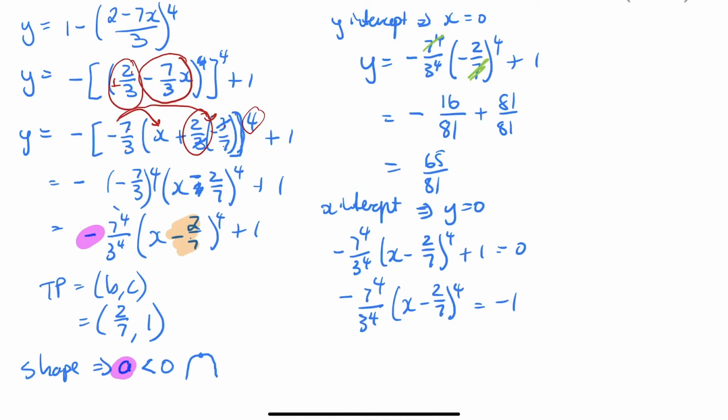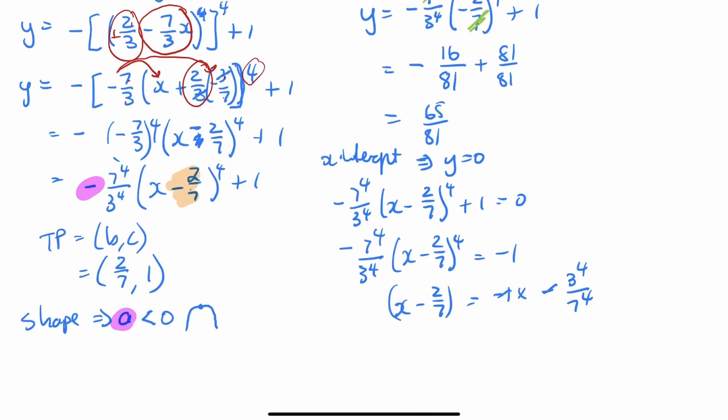So it's going to give me x minus 2 over 7 to the power 4 is going to be the same as negative 1 multiplied by negative 3 over 4, 7 over 4. A negative and a negative cancel, so I have positive that. X minus 2 over 7 to the power 4 equals this.